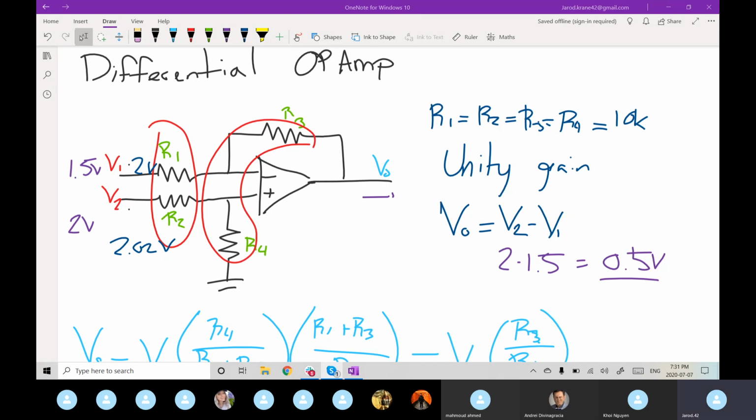When would we use a differential? Couple different places. Signal comparison is the big one, I believe.